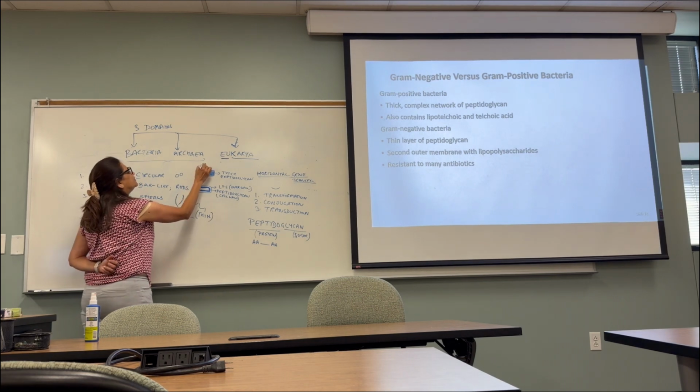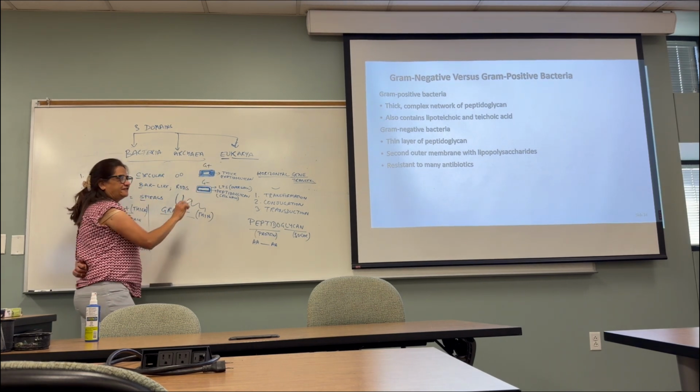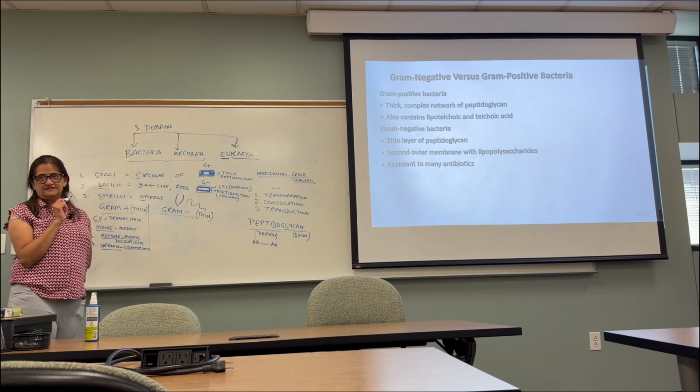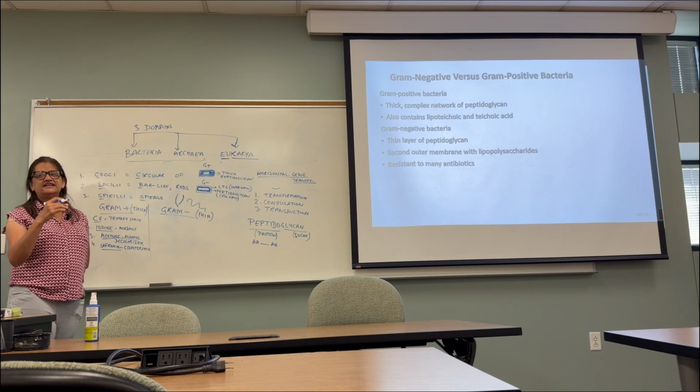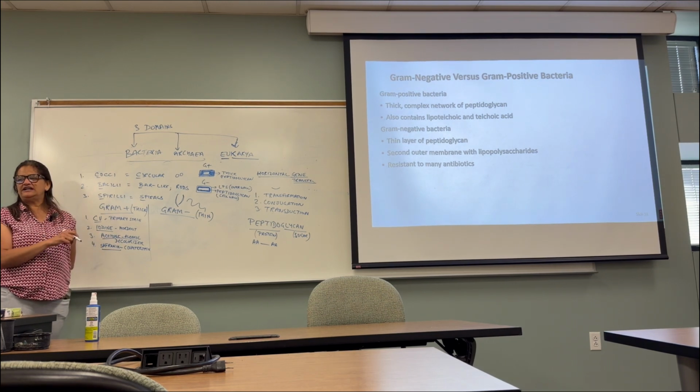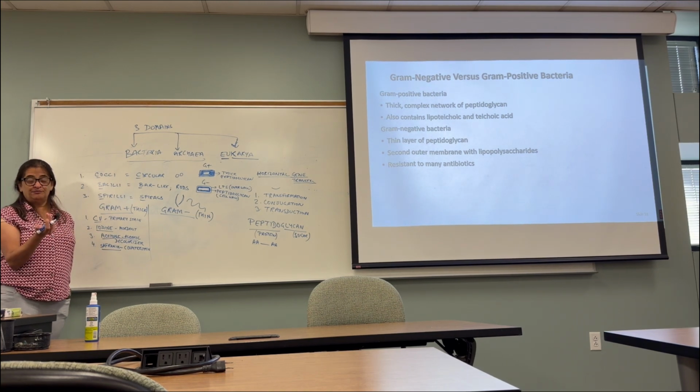Okay, so this is your gram positive, this is your gram negative. Got it? Now, because of these differences in their cell wall thickness and the presence of that outer layer in the gram negative, we face all these differences while staining them with gram stain.